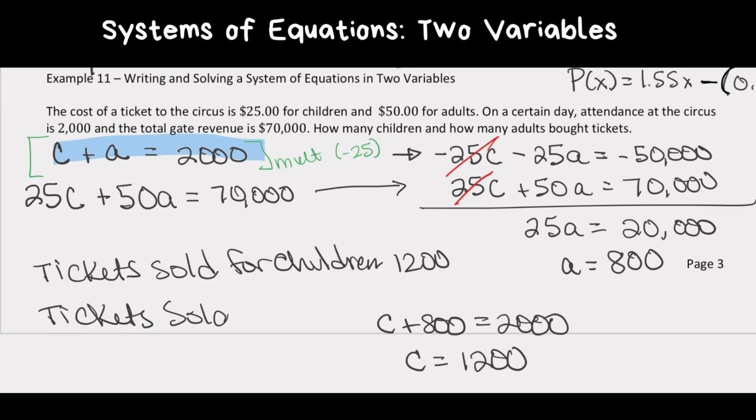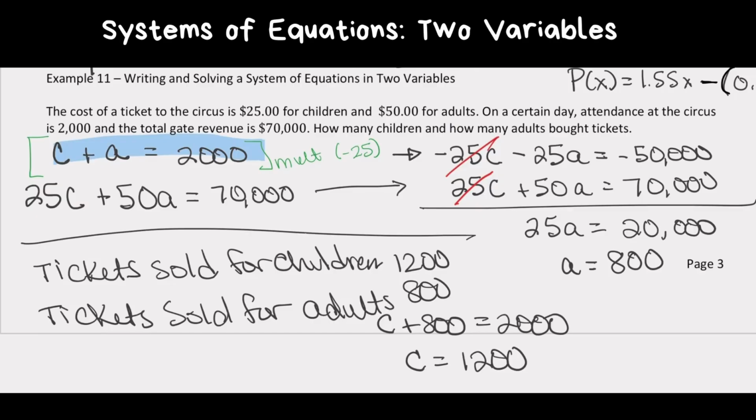Tickets sold for adults, 800. There you go. Systems of equations with two variables. Remember, we get one solution, we can get no solution, and we can get infinite solutions.